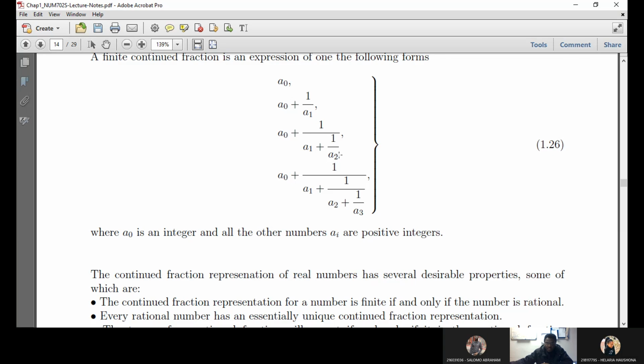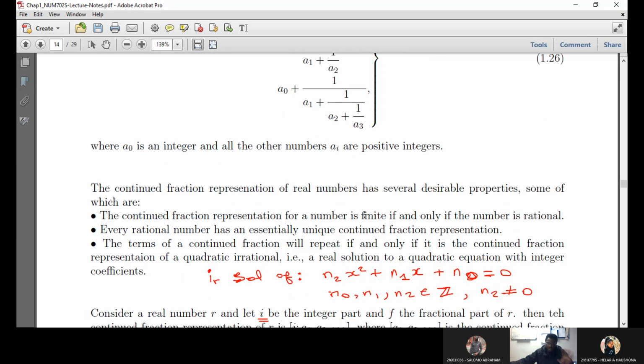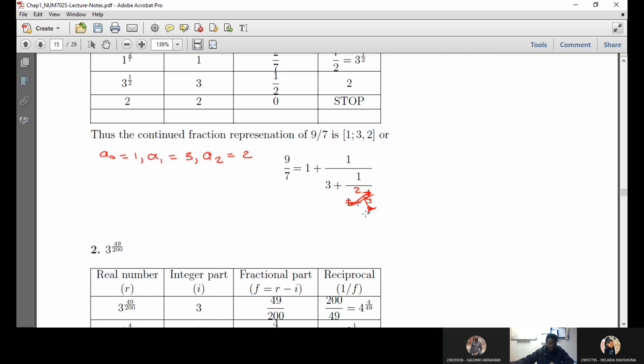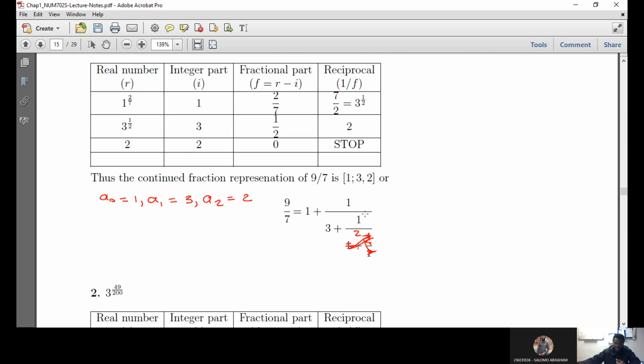It is exactly the number as it is there. If there are 4 terms, A3 will be the last one in the denominator. Please correct that on the slides. I corrected it last year, but I did not update the note. That's why it still appears here. So this will be 2.